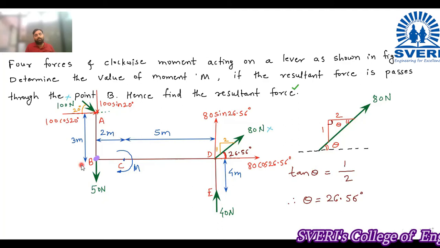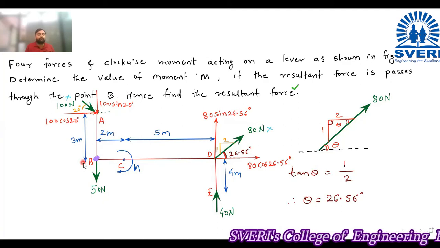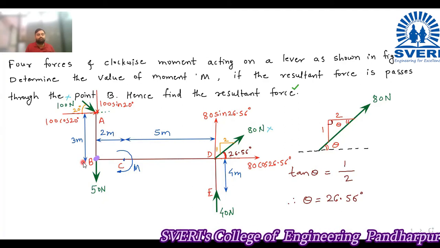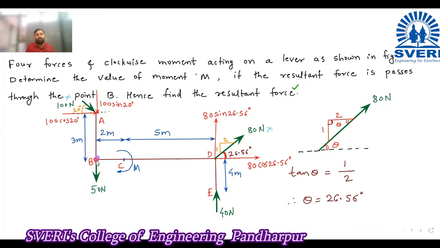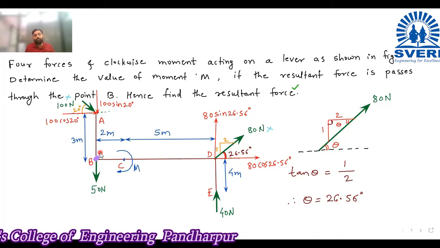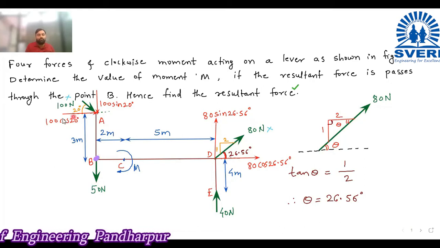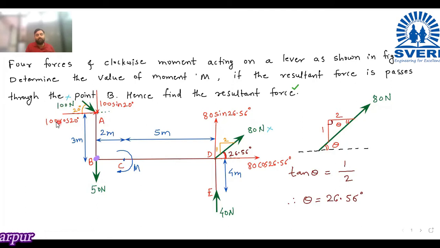This is the moment. Now it is plus or minus. Now we are calculating the moment. Moment is nothing but force into perpendicular distance. So now I will consider these two components. I will not consider this 100. So 100 cos 20. What is the distance of 100 cos 20 from point B?